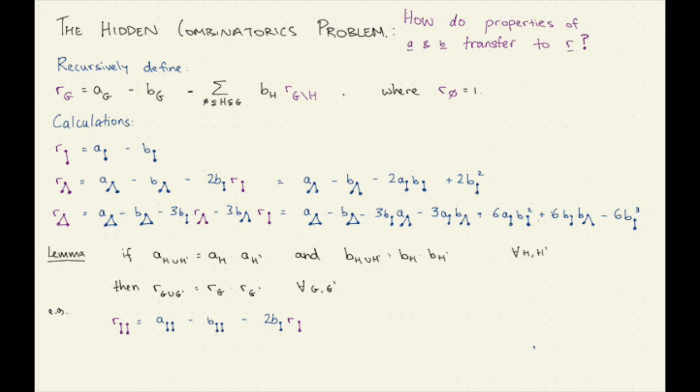And each of these properties we do actually use in the proof, right? So you're thinking about these things as graphs. If the edge sets are disjoint and our formal A's are multiplicative over these and our B's are, then we get that these R's are multiplicative over these things.